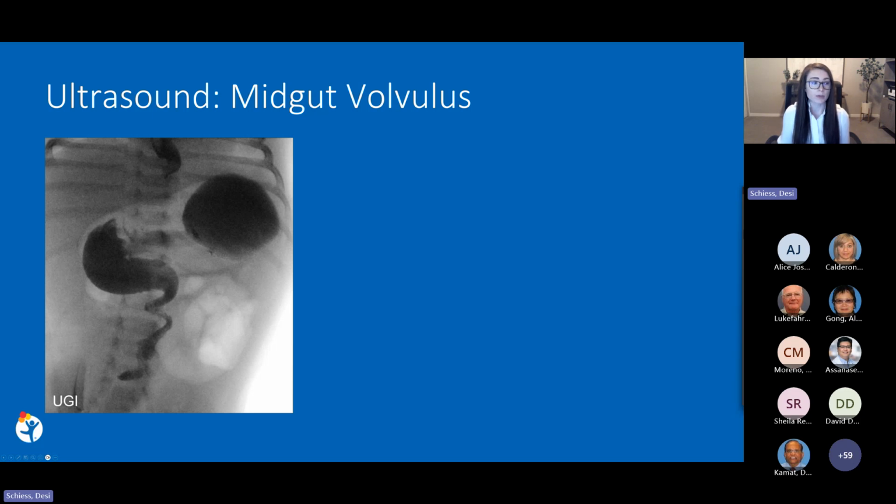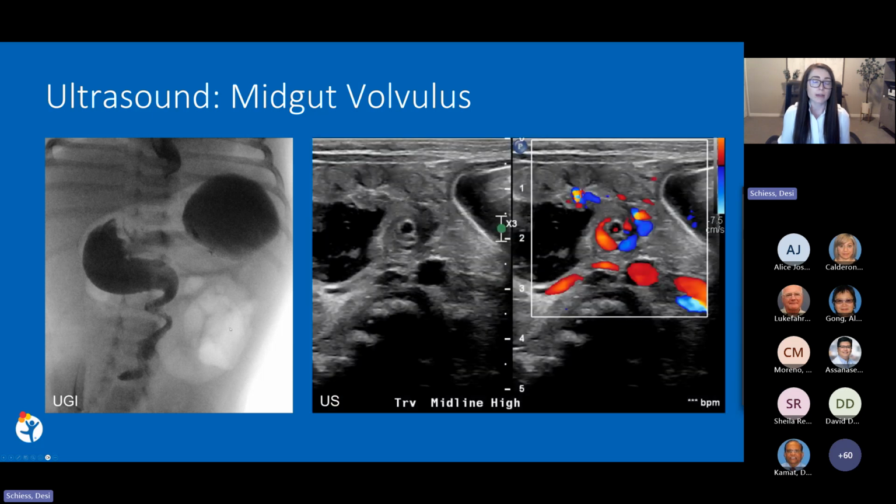Many children's hospitals are now moving to ultrasound as the first imaging modality, as it is quicker, cheaper, and does not use radiation. In this 4-day-old male with bilious emesis, ultrasound demonstrated a portion of the dilated stomach and proximal duodenum with a beaked morphology as it enters a clockwise twist of bowel, mesentery, and vessels around the superior mesenteric artery, known as the whirlpool sign.